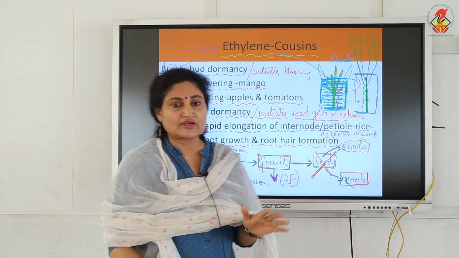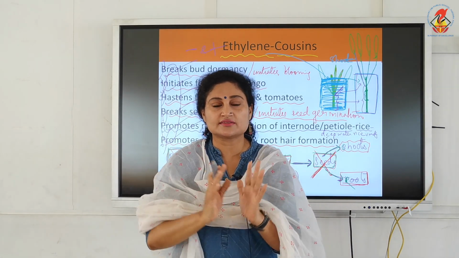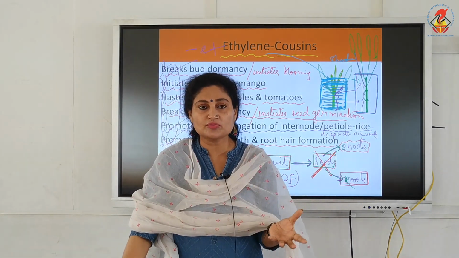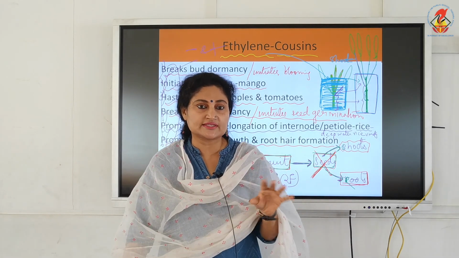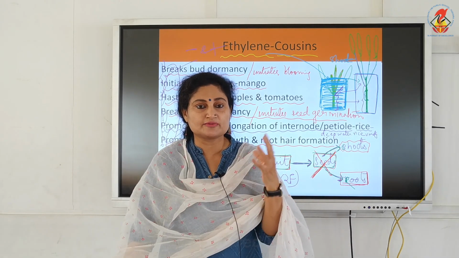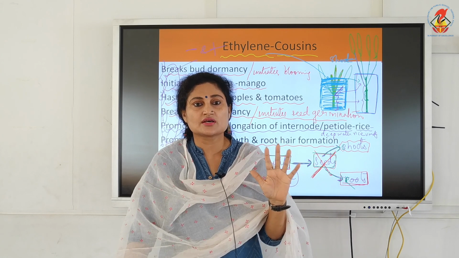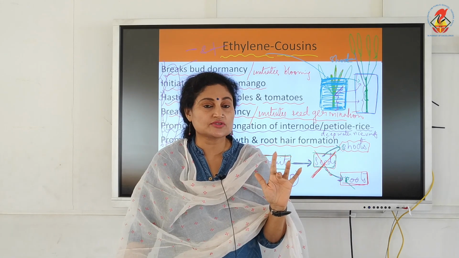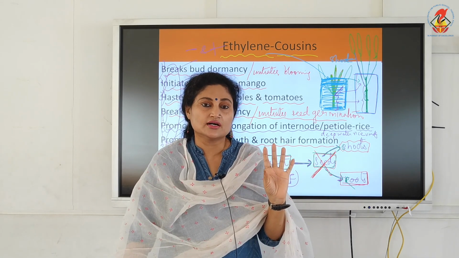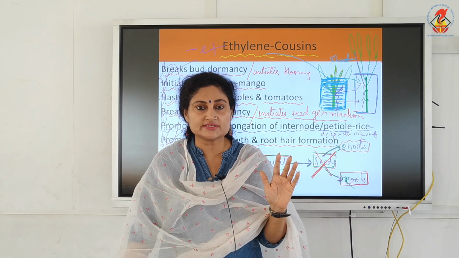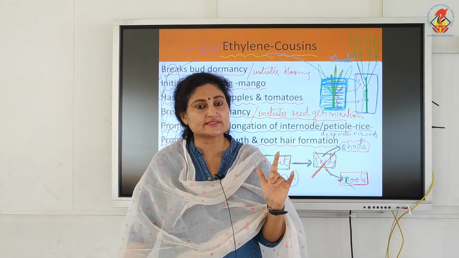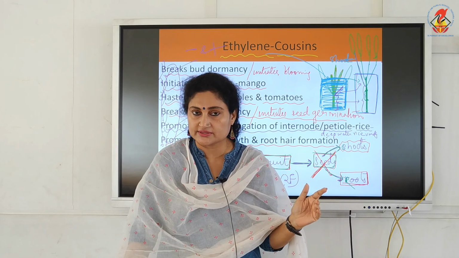Clear? So once again, I am wrapping up by saying the 5 hormones, phytohormones or plant growth regulators, also known as PGRs. They are broadly 5 types: auxins, gibberellins, cytokinins, ethylene, and abscisic acid. Of these, the first 3, auxins, gibberellins, and cytokinins, are surely promoters.